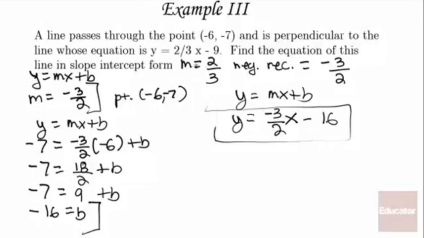So since m equaled 2/3, I took the negative reciprocal of that, which is negative 3/2, and I found my slope. Then I was given a point on this line, negative 6, negative 7, and I inserted those values into this equation, as well as the slope that I had found, and I solved for b. b equals negative 16. Once I had the slope and the y-intercept, I could write it as y equals minus 3/2 x minus 16.